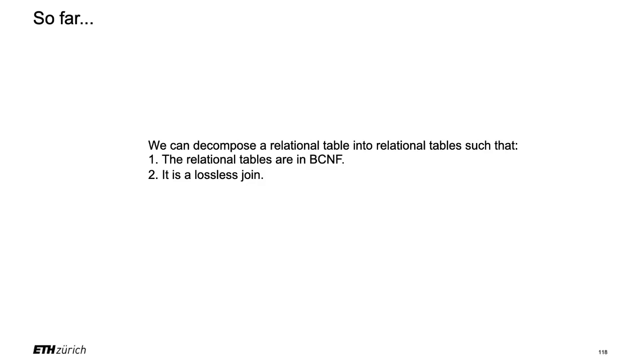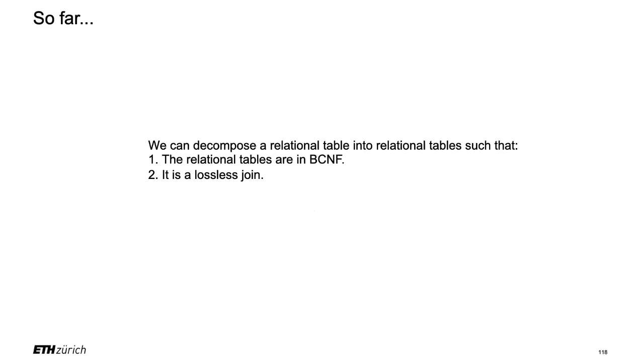Then we have the decomposition. We use the chase algorithm to see if we lose or not information. So we call it a lossless join. We didn't lose information. And we iterate until we get only tables in Boyce-Codd normal form, right?